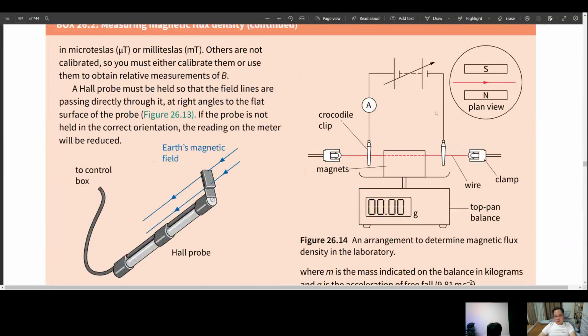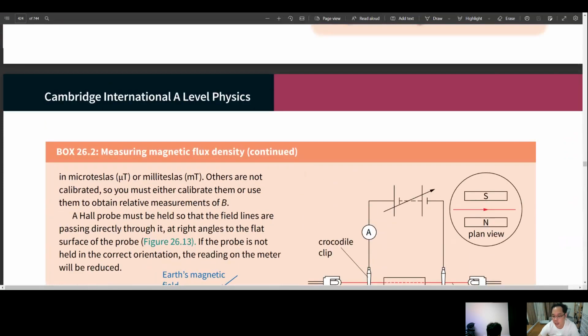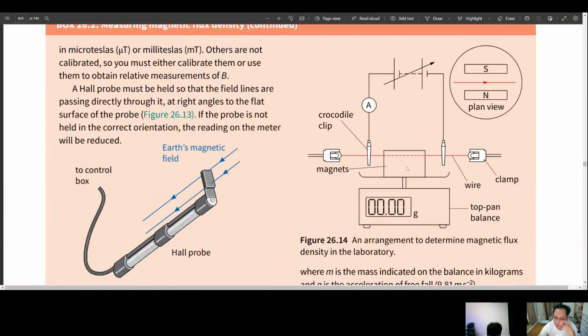This is the arrangement of the experiment to measure the magnetic flux density in a simple way without using the Hall probe. We will use the equation F equals BIL. If we put a magnet on a weight scale and adjust the scale so that the initial value is 0, of course the magnet has an initial weight, for example 300 grams, but we intentionally change the reading of the balance to neglect the mass of the magnet. Then we put an electric wire above the magnet and connect it to a power source.